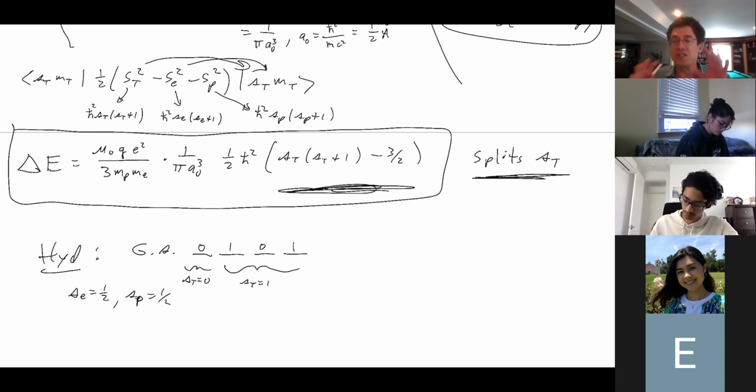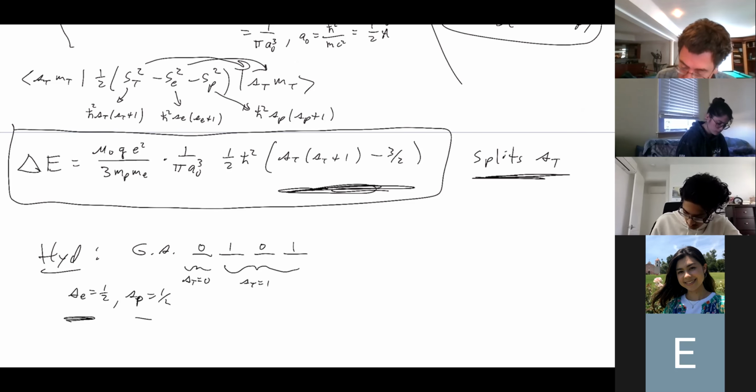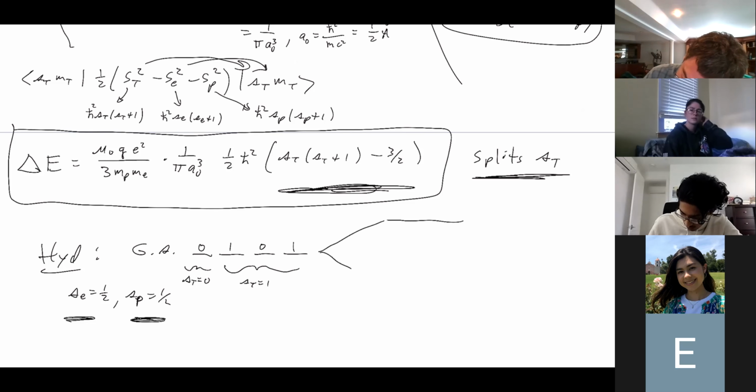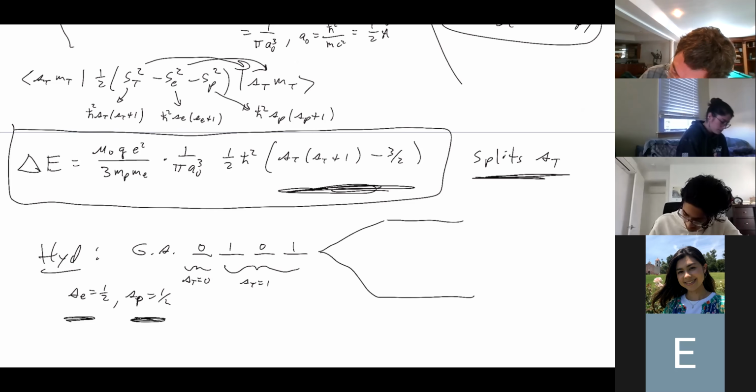So those 4 states, which were up, down, up, down, down, up, down, down, up, now we write them as a singlet and 3 triplets. But now they're in the basis of the spin of the electron and proton. We're adding the spin of the electron and the proton. And so we see that this is going to now split into 2 levels from this formula.